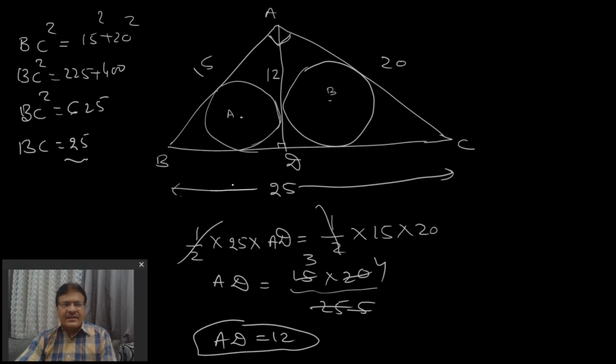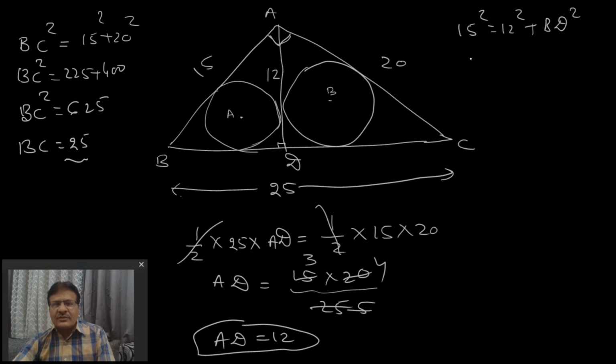And if AD is 12 and this one is 15, by Pythagoras again I can find this BD value. Yes, no? So what do I get? This 15 square equal to the 12 square plus this BD square. Again I am applying Pythagoras theorem. So 225 equal to 144 plus BD square. So 225 minus 144, that is 81, right?